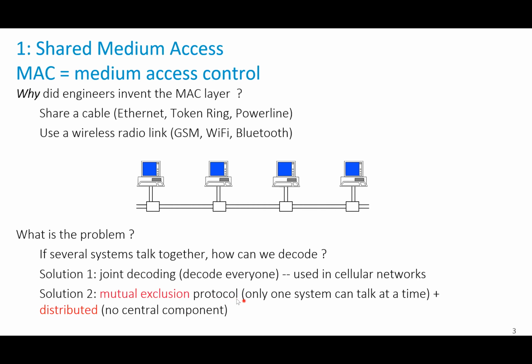So random access, how does it work? ALOHA is a Hawaiian word for hello. It's the Hawaiian pronunciation of hello. And believe it or not, the first radio networks were in the 70s in the Hawaiian Islands, which are 5 different islands. At that time, the computers were mainframes. So there was one mainframe here and 4 other mainframes, and they were trying to communicate together.